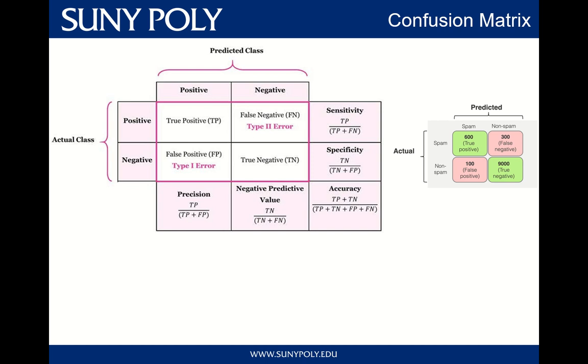You have to be careful because, depending on the software, some packages will give you the confusion matrix in a different order. In this one, you have the actual class in the rows. Actual or real means y, the observed value, the real data. And in the columns, you have the predicted class, that's y hat. That's what your model is suggesting.